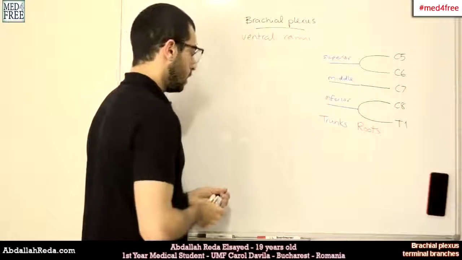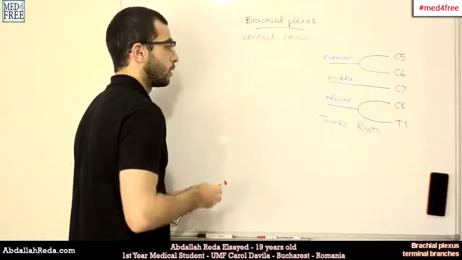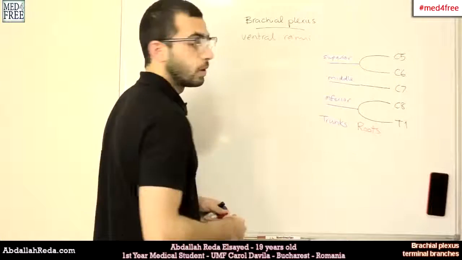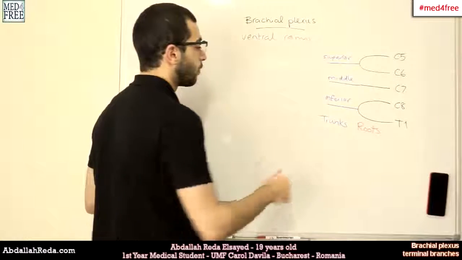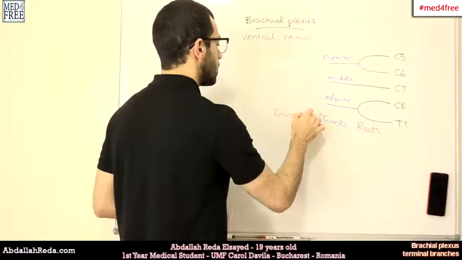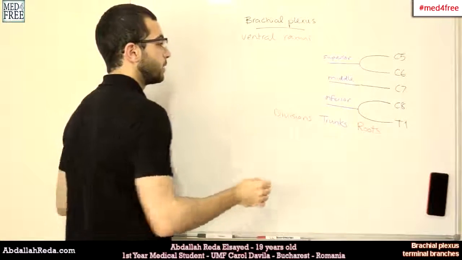Then, and this is one of the very important parts of the brachial plexus, these trunks will intermingle with each other, forming divisions in the following pattern.